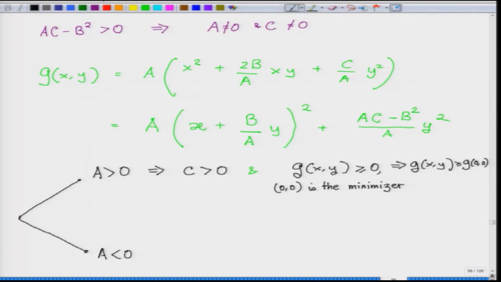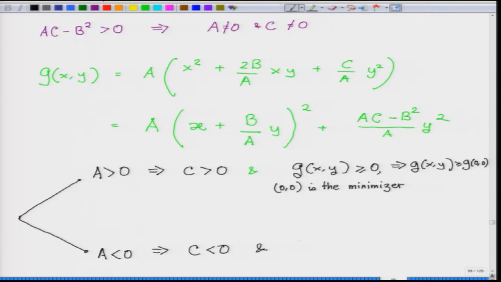Now, if a is strictly less than 0, again there are two cases. Then c is strictly less than 0, because if c is strictly bigger than 0, the ac minus b square will become negative. So c is strictly less than 0, and if this part is positive and a is negative, then this whole thing is negative, because x plus b by a y whole square is positive.